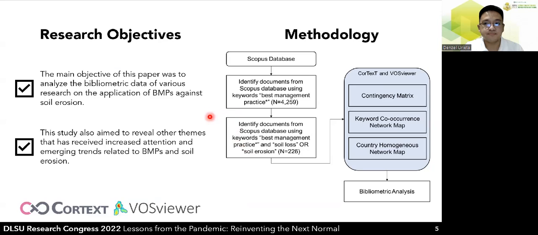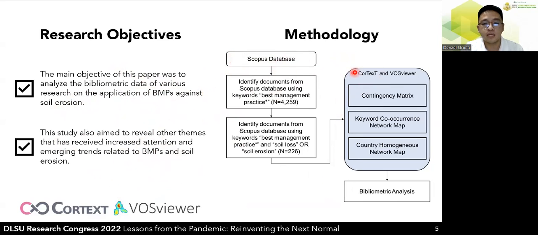So with that said, the main objective of this paper was to analyze the bibliometric data of various research on the application of BMPs against soil erosion. Moreover, this study also aimed to reveal other themes that have received increased attention and emerging trends related to BMPs and soil erosion.